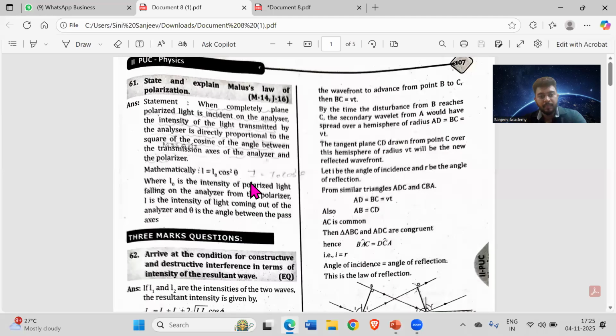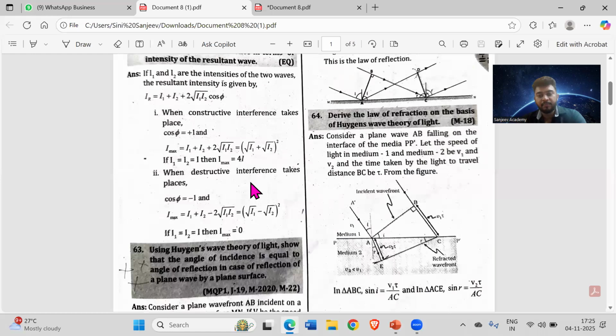Let me share the screen now. Now I think all the pages have come.